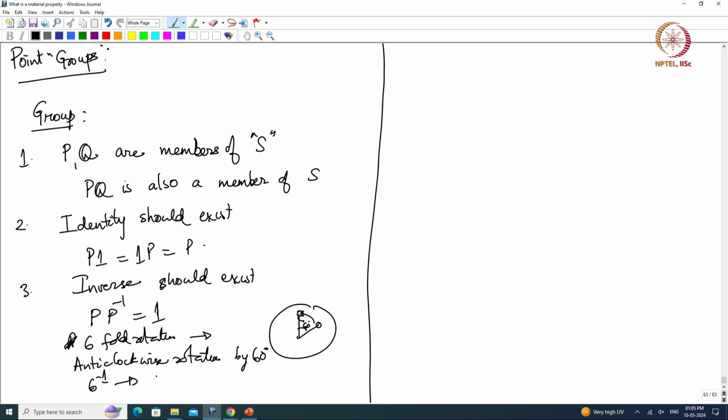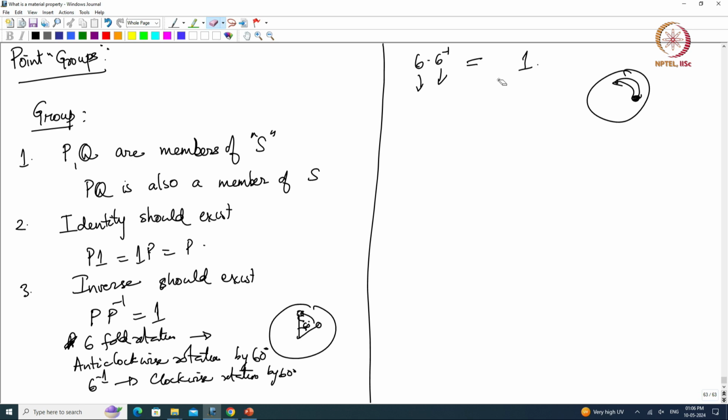It will be a clockwise rotation by 60 degrees. So if I have 6 and the inverse of 6, these will be represented as 2 different matrices, of course. You rotate something by 60 degrees and come back by 60 degrees, so you are coming back to the same asymmetric unit. So the identity is 1 actually, not I. So an inverse should exist. That is what happens in a group.